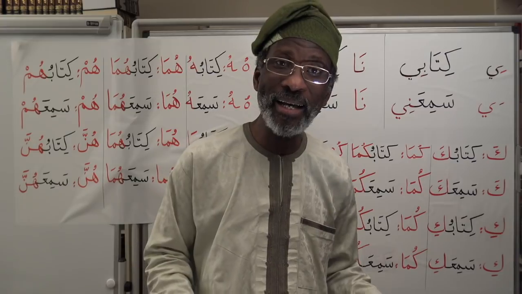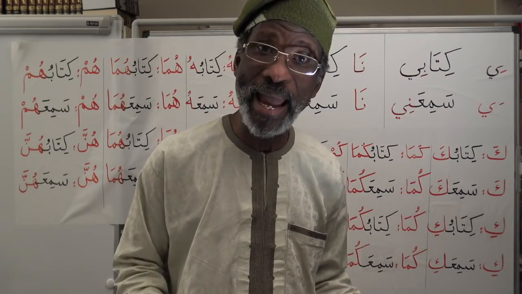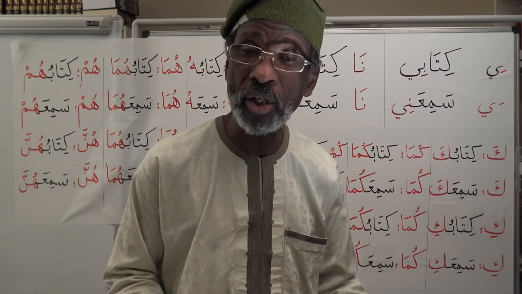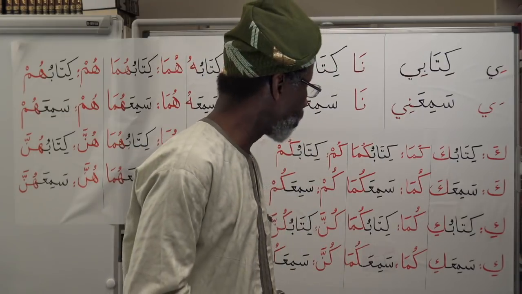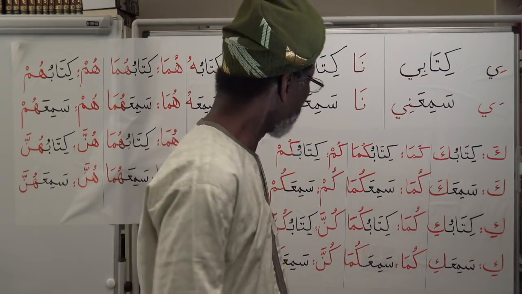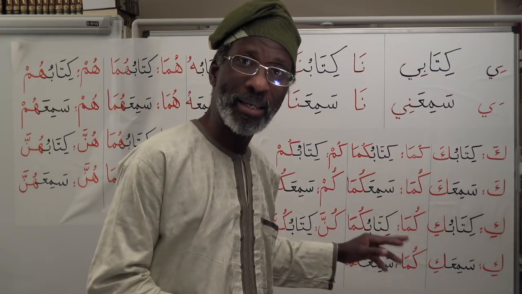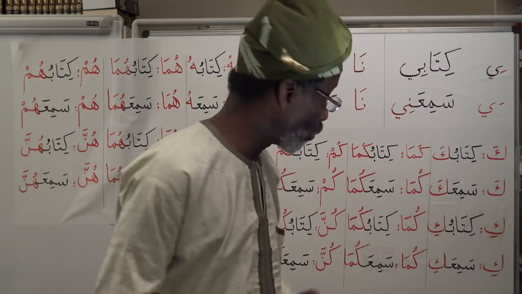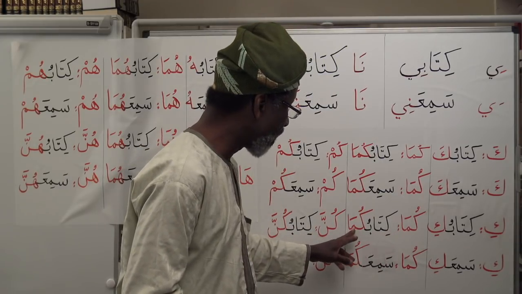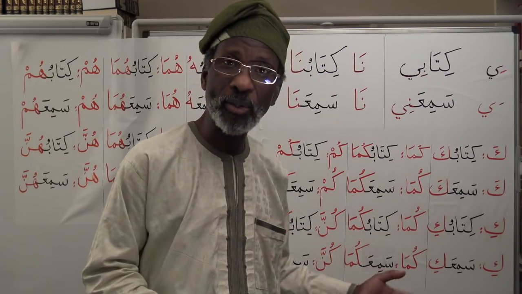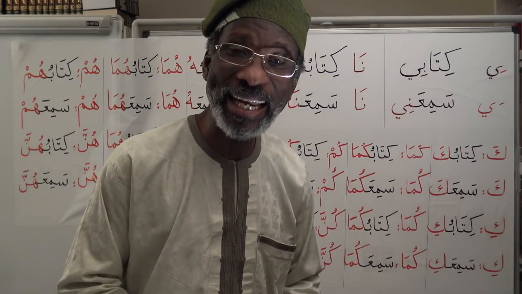And the kuma is the same for two men, two boys, two girls, two women. It's the same. No gender involved here. So kitabukuma, semi'akuma, he heard you, both of you. So it's the same for masculine and feminine.